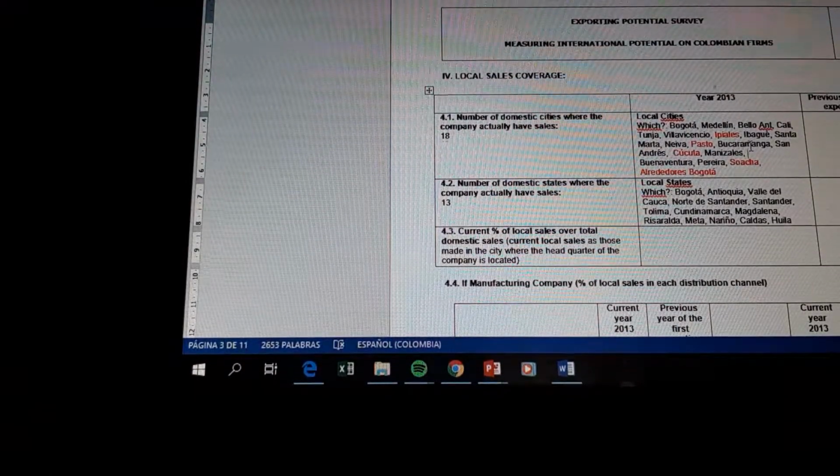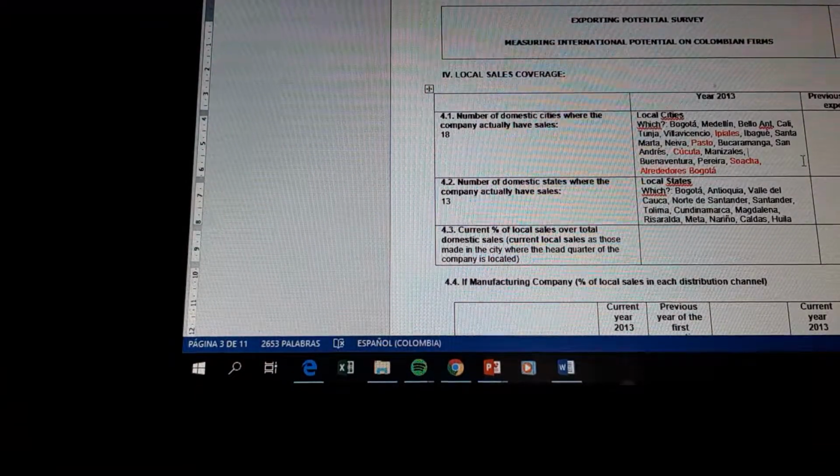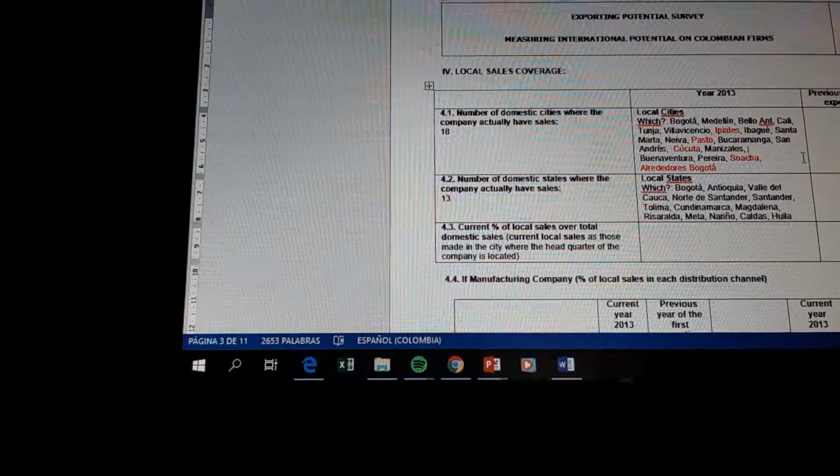I mean, from Bucaramanga to Cúcuta, it can be a road that takes 8 hours by bus. Ibagué, Santa Marta, the north coast.